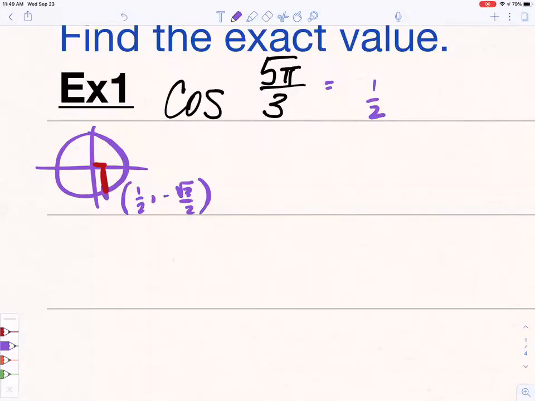Now, on this set of directions on your test, it says something like, find the exact value, but it also says, give a short explanation or show your work to receive points. The work that I showed is sufficient. Okay, that's enough.